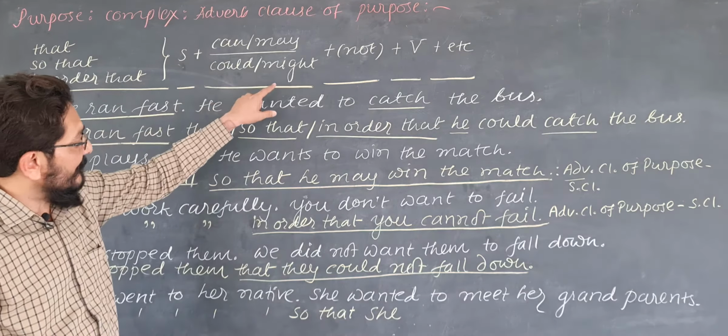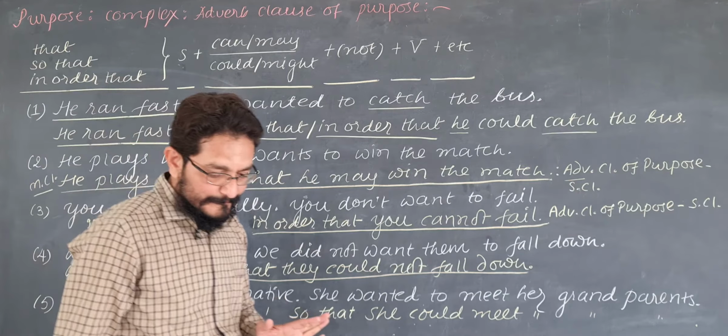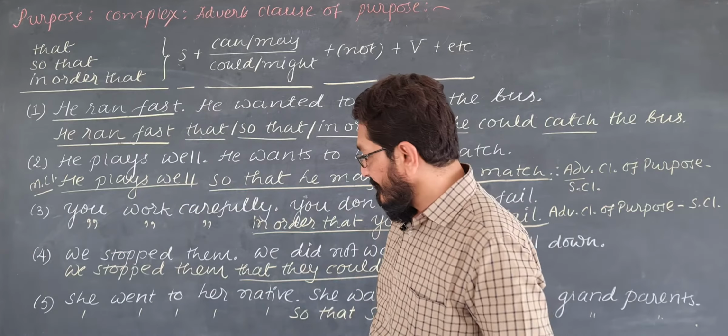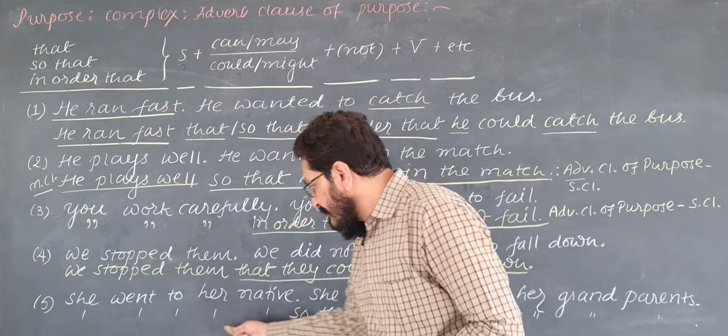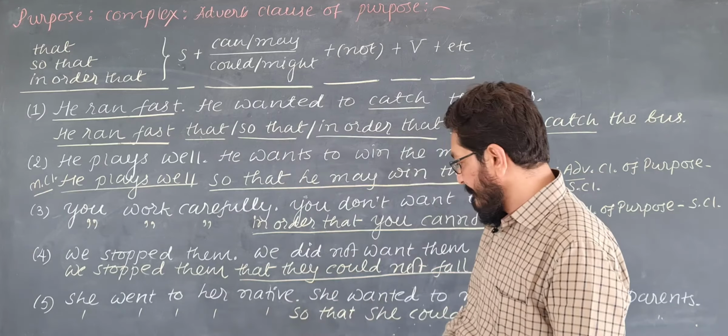Went, past. She could meet her grandparents. This is the answer. She went to her native so that she could meet her grandparents. So this is the answer. And the product is complex because so that she could meet her grandparents is adverb clause of purpose.